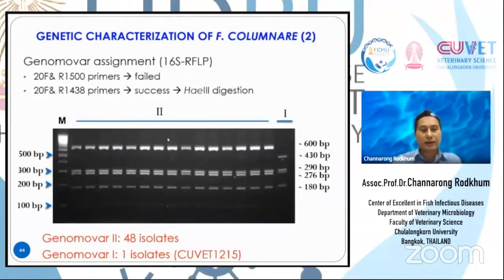After we combine all the techniques that we use together, we found the Flavobacterium columnare that we can isolate from tilapia in Thailand in different genomovars, mainly Genomovar 2 and Genomovar 1.